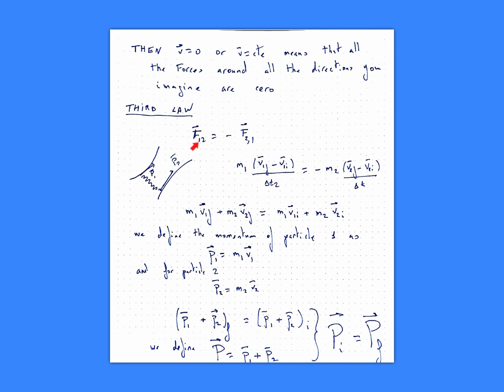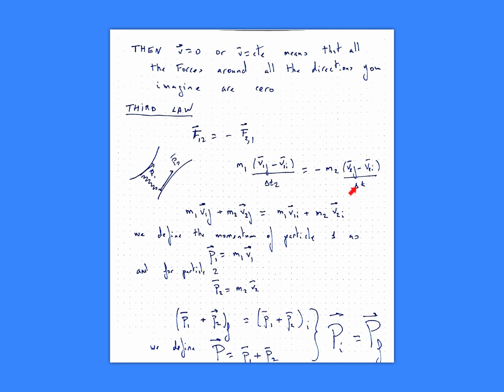The force acting on 1 due to 2 is minus the force acting on 2 due to 1. This is the relation. The force acting on 1 is the mass of 1 times the change in velocity of 1, equal to minus the force acting on 2, which is the mass of 2 times the change in the velocity of 2.